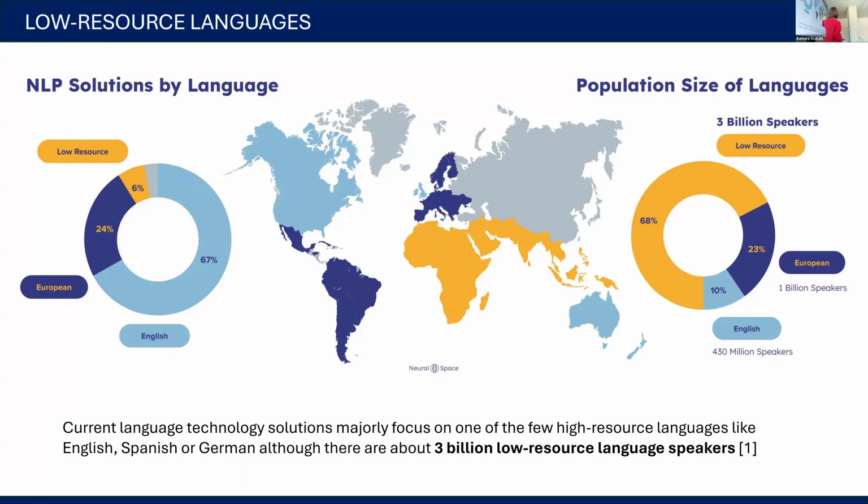Because if you look, for example, at the languages in Asia, they have plenty of native speakers, billions, and still they are low resource languages because it's not being invested in those languages yet. On the other hand, we also have languages with a very small number of speakers, like Faroese, which has 75,000 speakers.